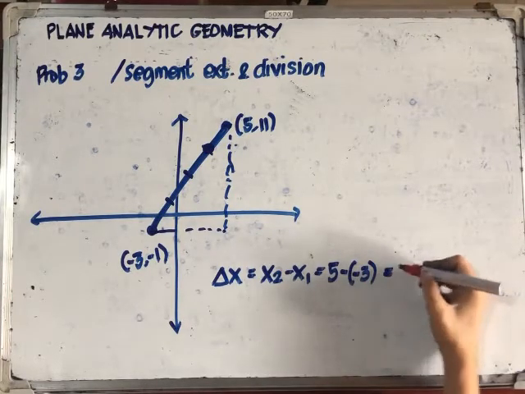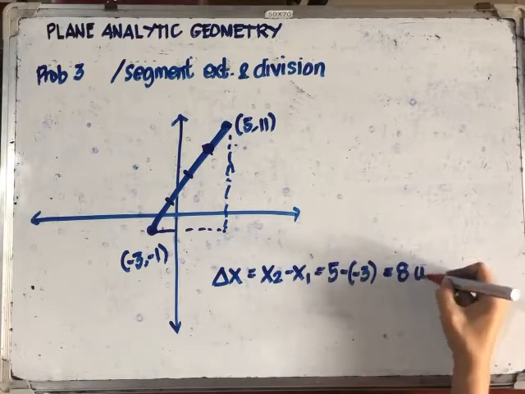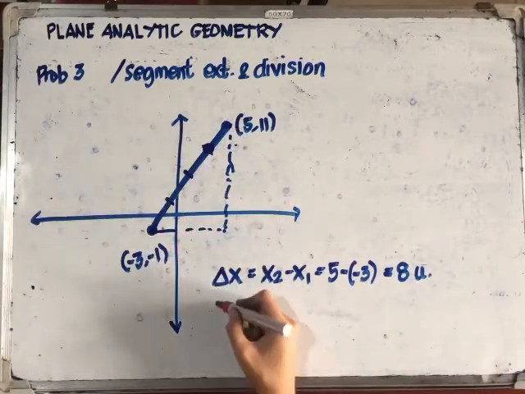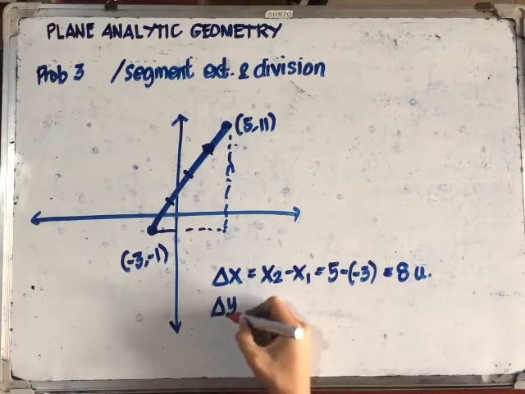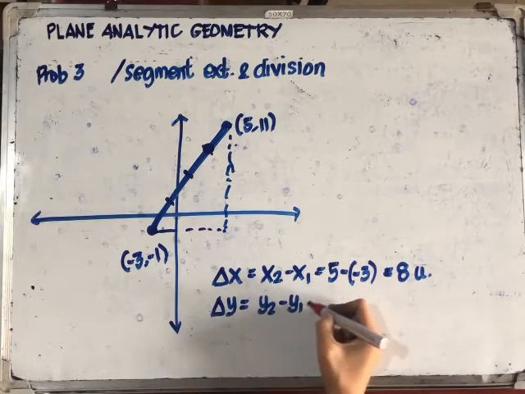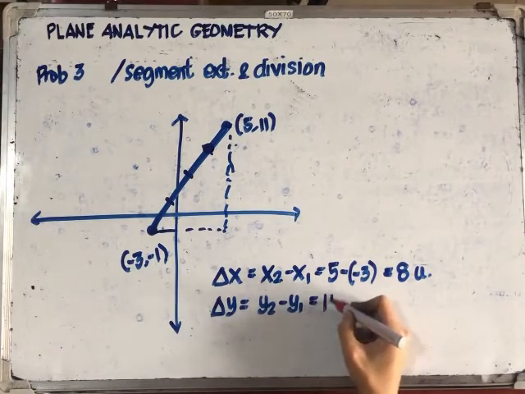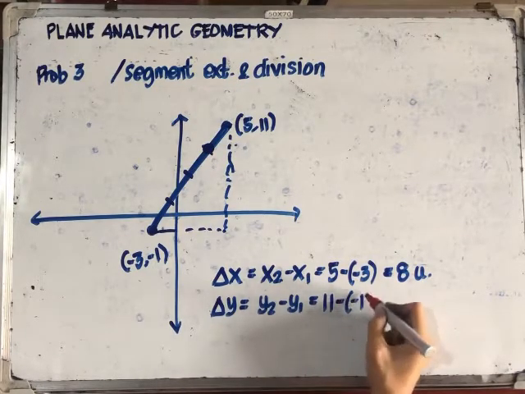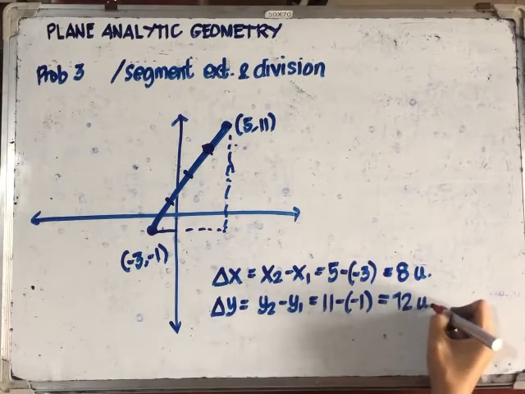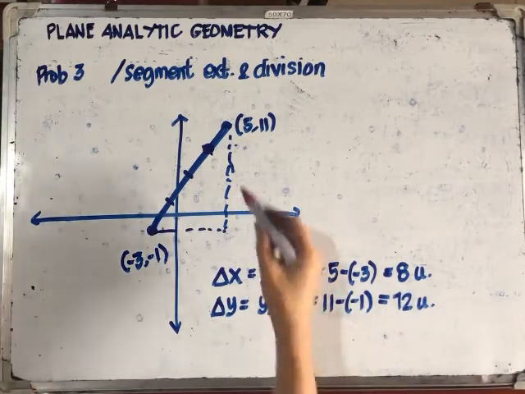So that would mean 8 units of displacement from this point to this point with respect to x. We do the same for y. That would be y2 minus y1 is equal to 11 minus negative 1. And that would mean 12 units of displacement along y.